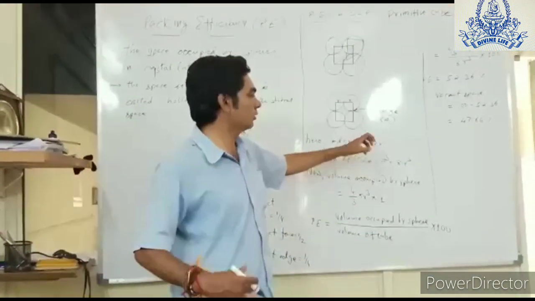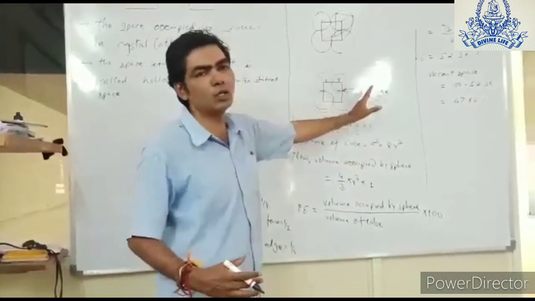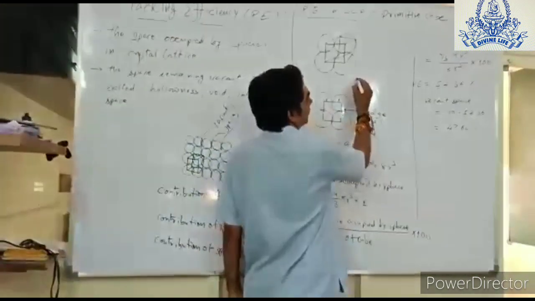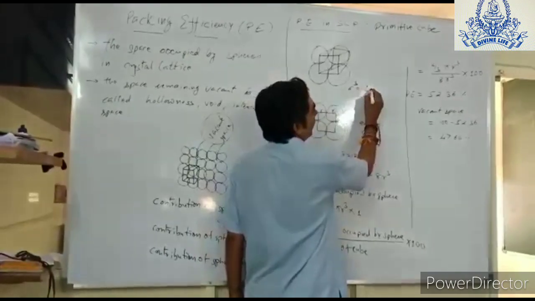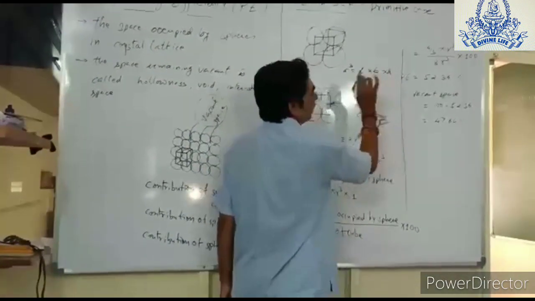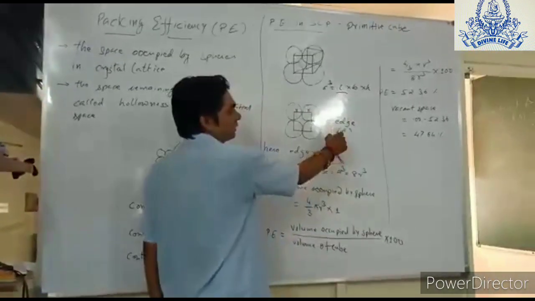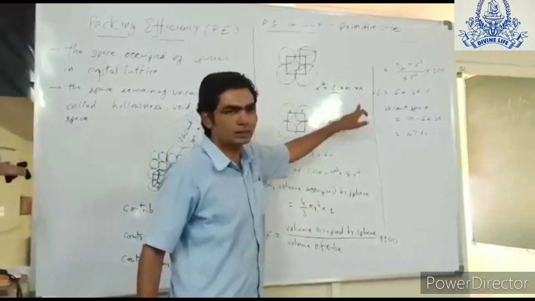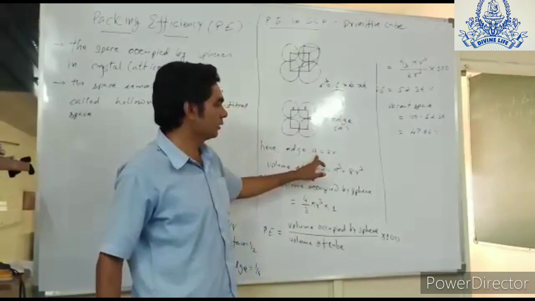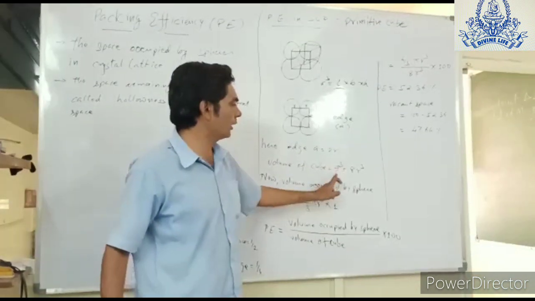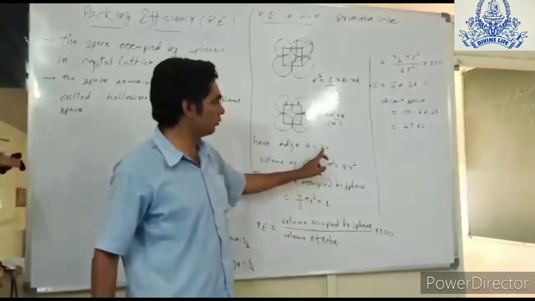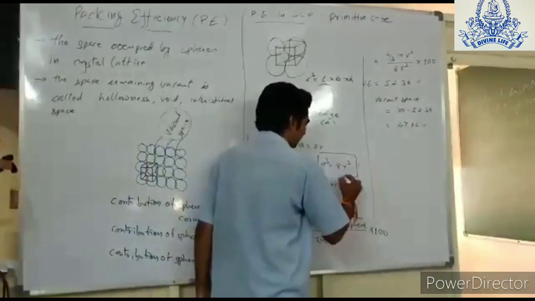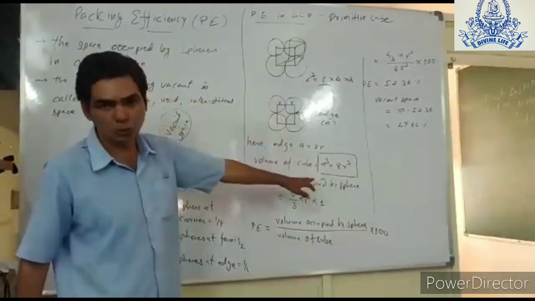Now we are going to calculate the total volume of the cube. The total volume of a cube is L into B into H. But here L is a, B is also a, H is also a. So the volume is a cube, with a equal to 2r, so a cube equals 8r cube. So this will be the volume of the cube.